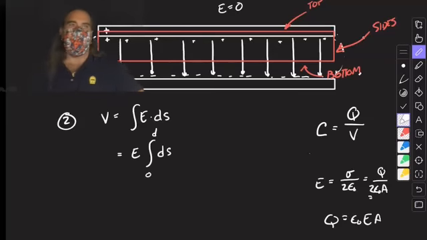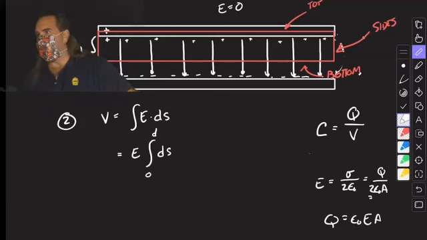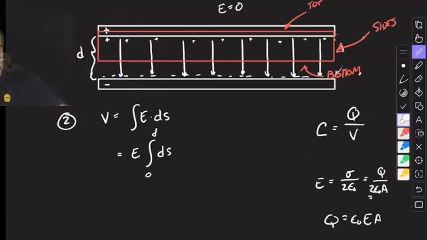So if I say the bottom plate is location 0 and the top plate is located at distance d away, there. I hate for you to not see I wrote d there. Then I'm basically integrating from here to here.